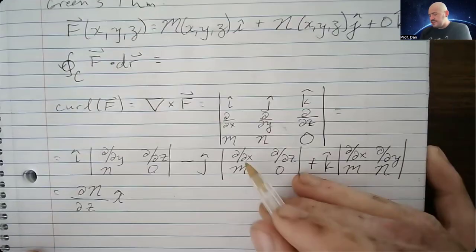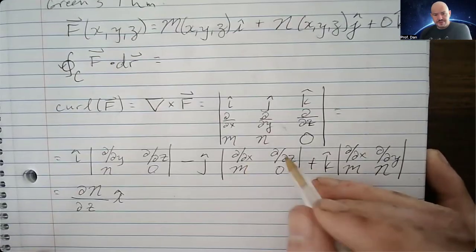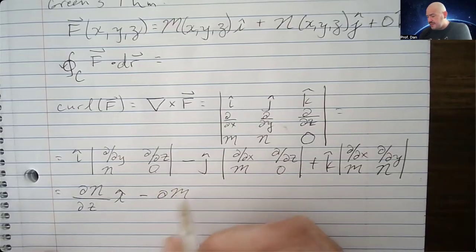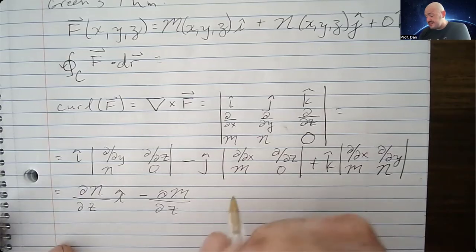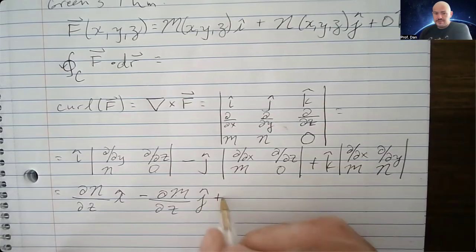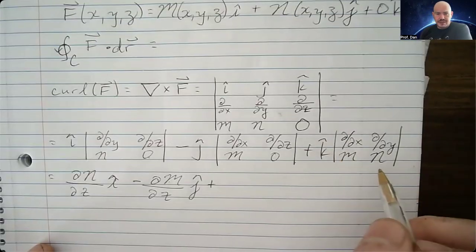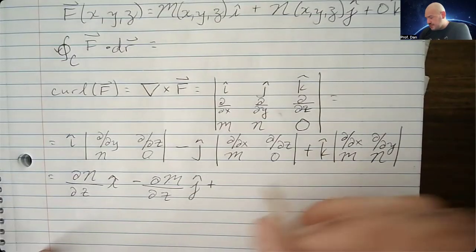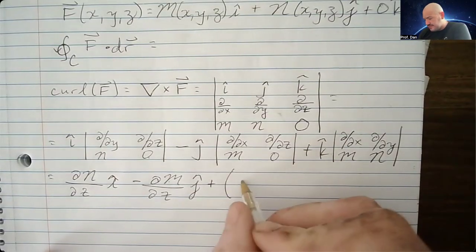Now for the j, partial with respect to x of 0, that's 0. This will give me minus partial of m with respect to z, j. And then for our k component, we have partial of n with respect to x minus partial of m with respect to y.